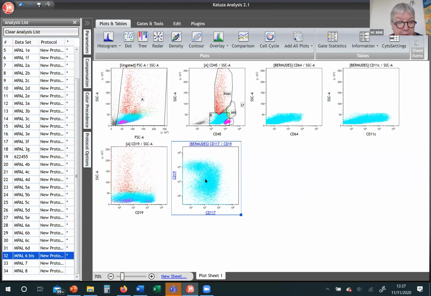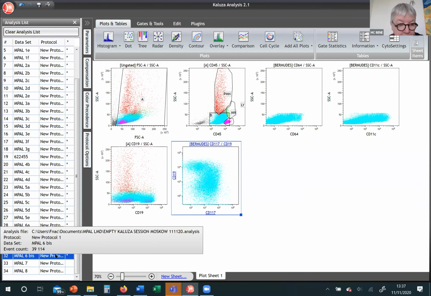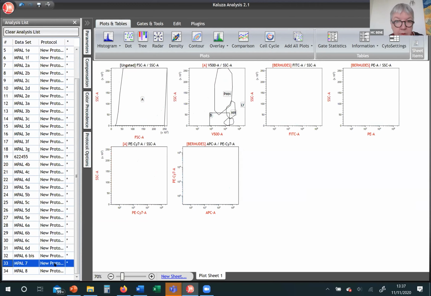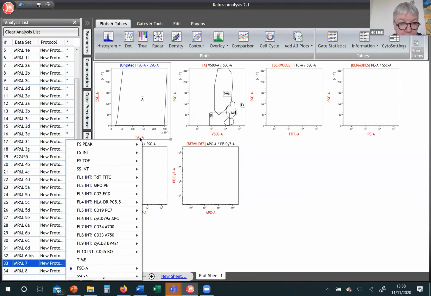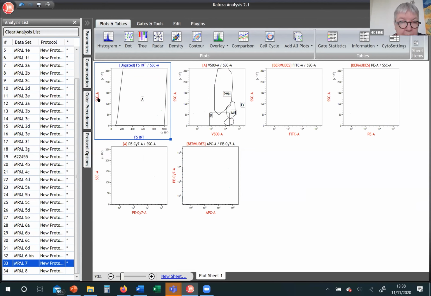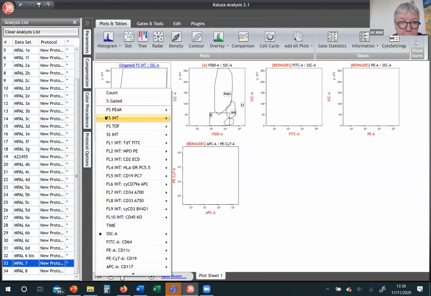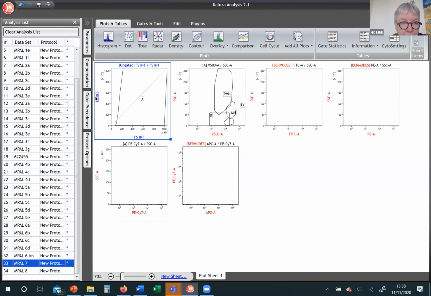And now we'll show you 2 cases from Anna Powitz. So she has a 10 color tube. We have to make some adjustments here because it's a different protocol. She also works on the Navios, but she uses different parameters, and we will have a more complex population to look at. Sorry, side scatter. So here we have the population.